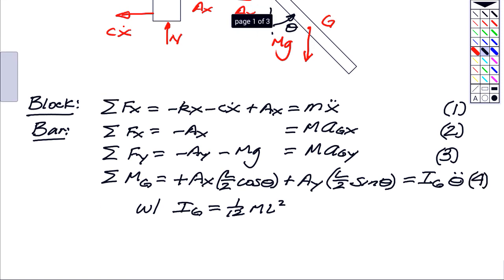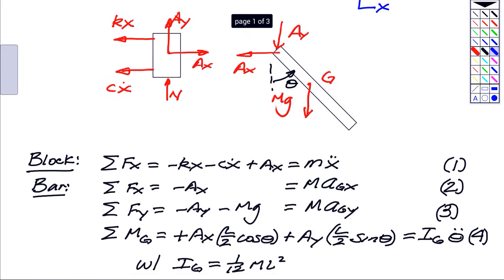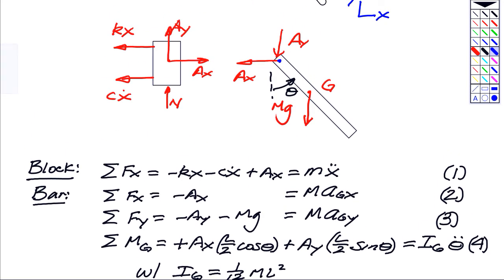Our goal is to reduce those down to 2 equations. We have a system with 2 degrees of freedom. We're going to need 2 differential equations. However, before I leave this, note that it may have been tempting for us to do a summation of moments about A on the bar. The reason for this is that AX and AY point through A, so that would give us a very simple, clean moment equation.